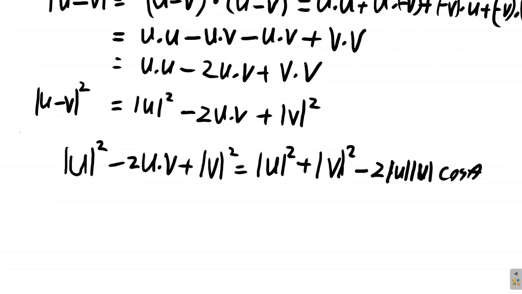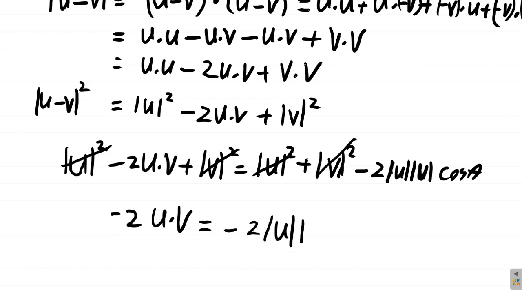Now, subtract the magnitude of u squared from both sides, and the magnitude of v squared from both sides. This will go. So you have negative 2 u dot v equals negative 2 magnitude of u magnitude of v cos theta.